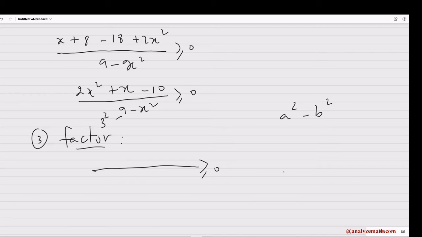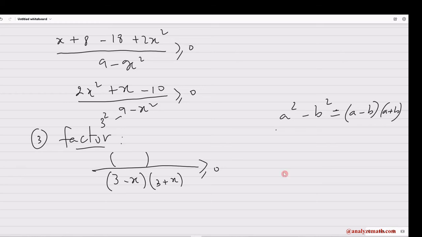To factor the difference of two squares, a² minus b², it's a minus b times a plus b. So 9 is 3 power 2. That will give me 3 minus x multiplied by 3 plus x.